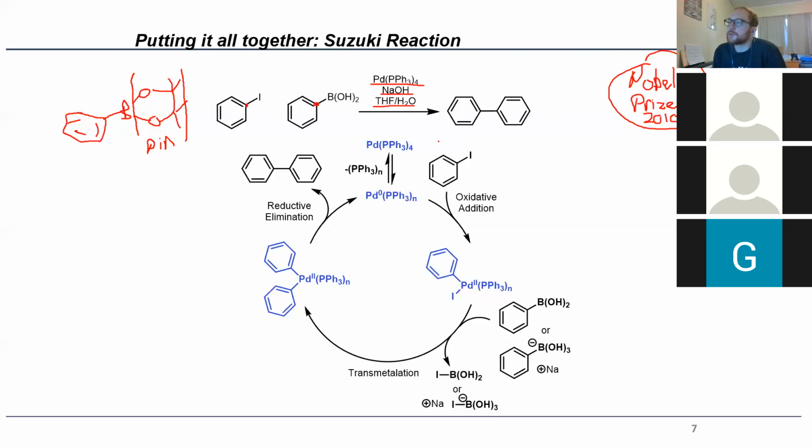The way this process works is you have your palladium(0) species. Right now we have palladium with 4 triphenylphosphine ligands bound. This is not the active catalytic species. Palladium(0) sits as a square planar complex, so all these bond angles are 90 degrees.